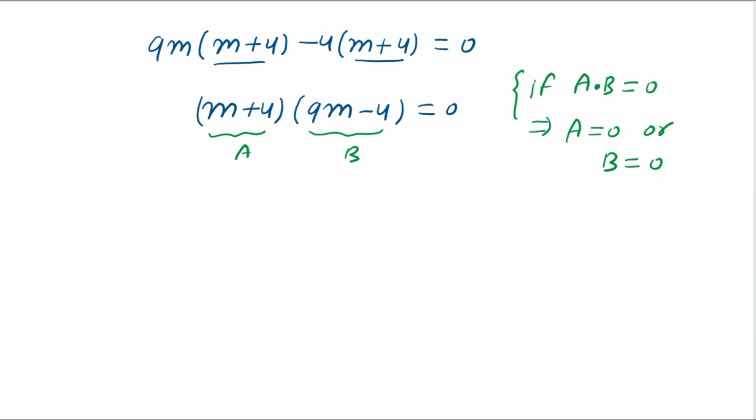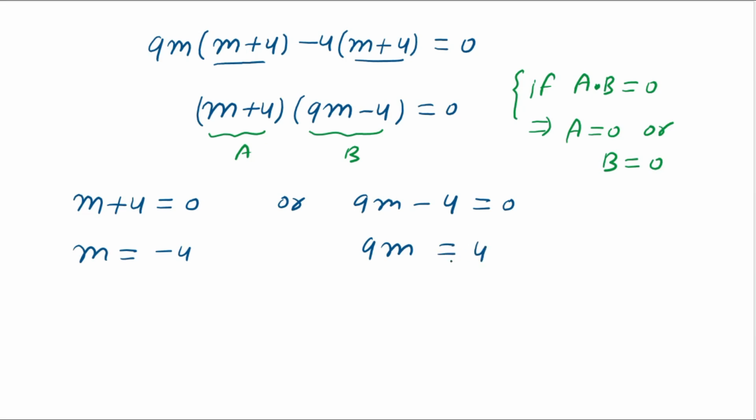If we apply this rule, then you can say m plus 4 is equal to 0, or 9m minus 4 is equal to 0. Value of m is equal to minus 4, and here 9 times m is equal to 4. If we divide both sides by 9, then you will get m is equal to 4 over 9. This is case first and this is case second.